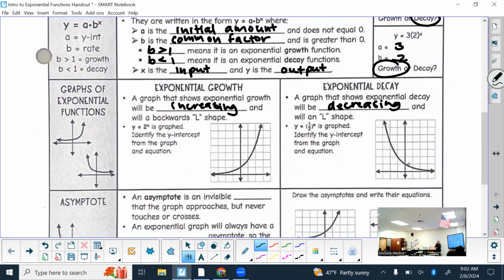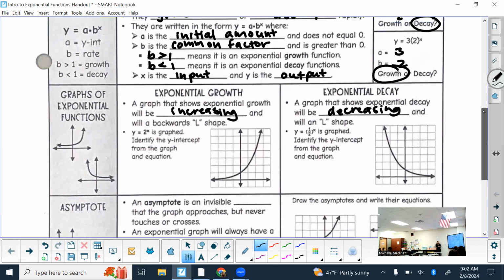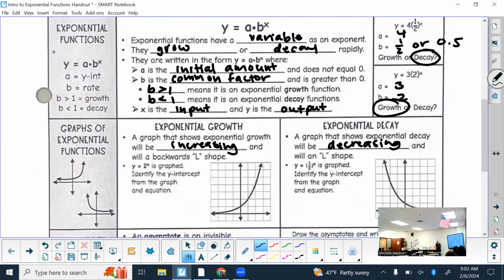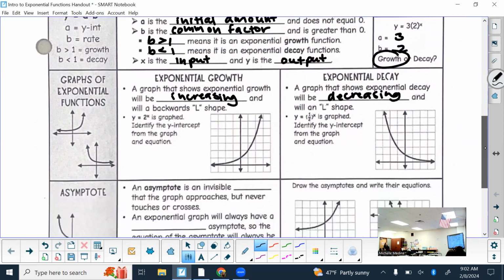But also know, like in lesson 12, we talked about what happens when your a value is negative, when your starting amount is negative, and that would reflect your graph. So I don't know if you want to add that in somewhere, maybe over here, when you have a negative a, it flips the graph. Just when in doubt, put it in Desmos. Is it increasing from left to right? Then it's growth. Is it decreasing from left to right? Then it's decay. Okay. I don't think we need to talk about asymptotes.